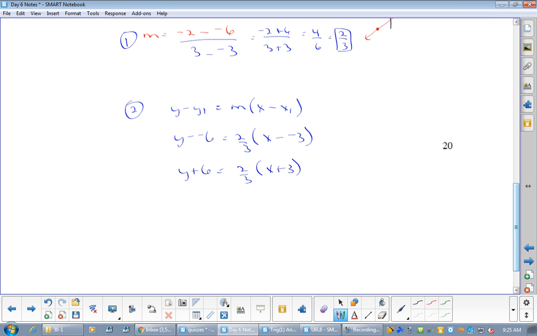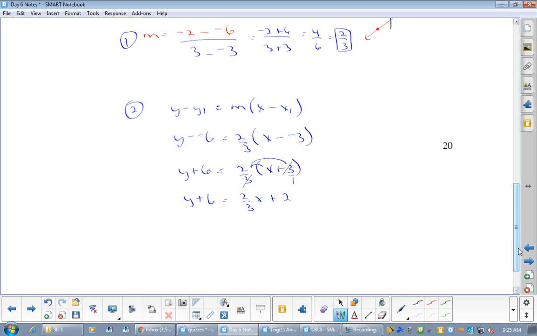Okay, so now we have to do the all-important, multiply that in, 2/3 x plus, what's 2/3 times 3 over 1? 2, because that would give me 6/3 if I wanted to multiply, but the 3's cancel, that gives me plus 2.